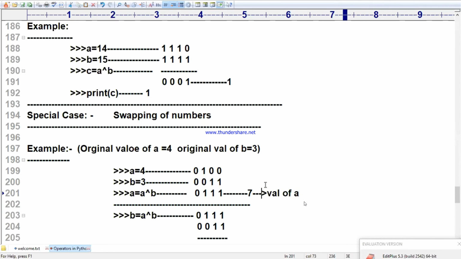Seven is the value of A because we are placing A cap B, you are keeping in A itself.